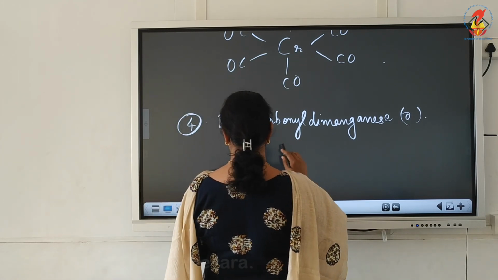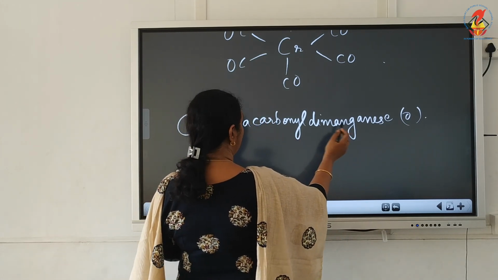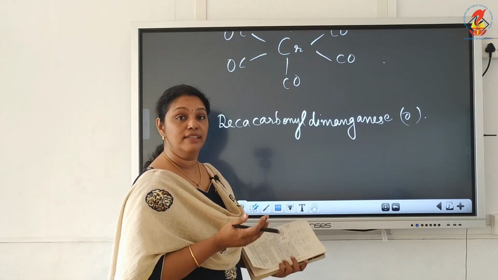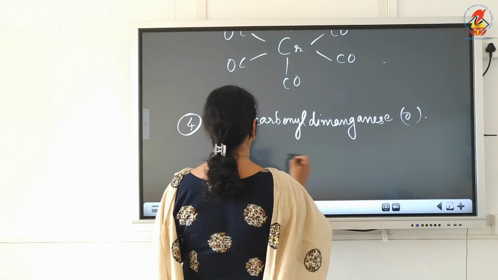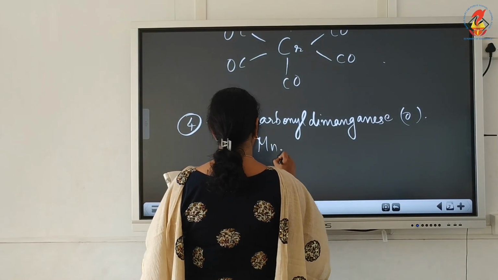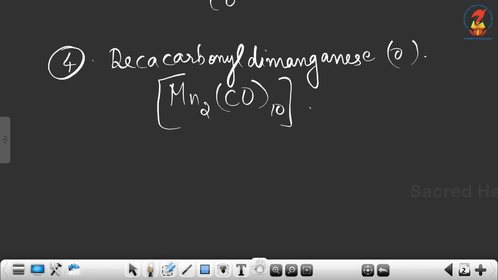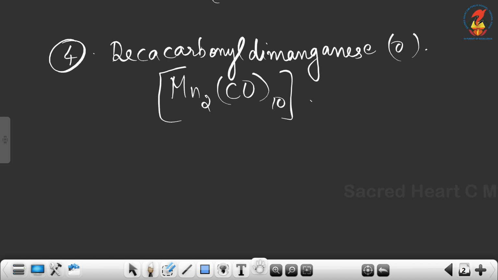This is the IUPAC name. It is dimanganese and decacarbonyl. Decacarbonyl means there are 10 CO groups. So the formula of this compound is Mn2(CO)10. This is the formula of decacarbonyldimanganese(0).